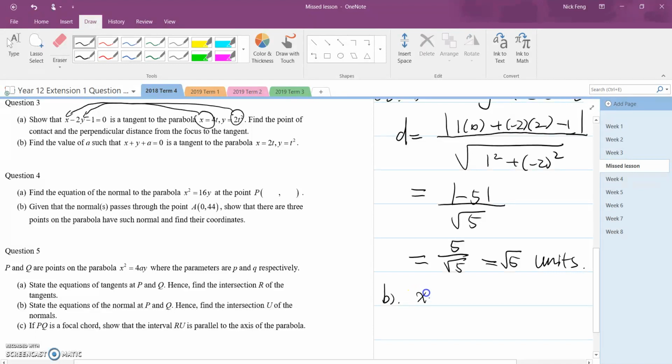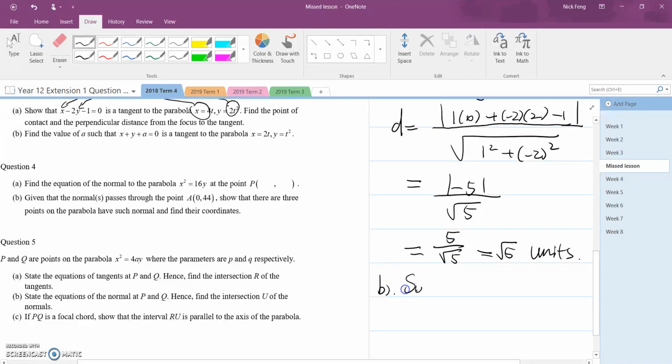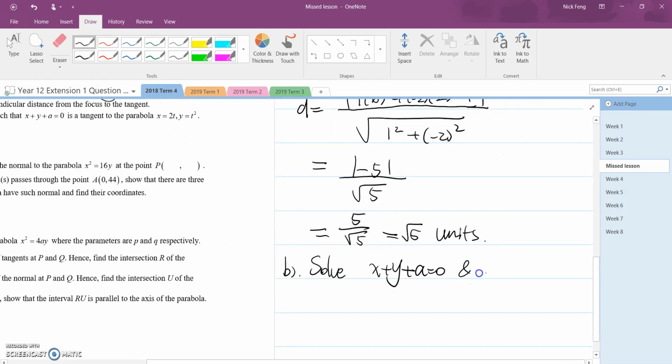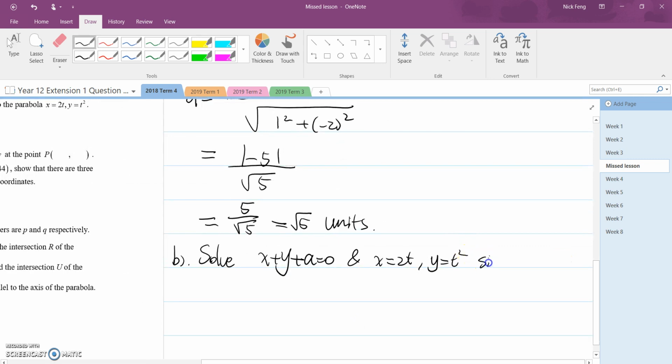So therefore we solve x plus y plus a equals 0 and x equals 2t, y equals t squared simultaneously.